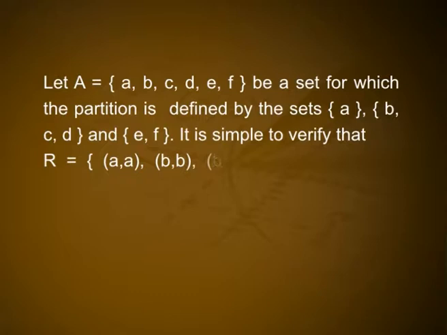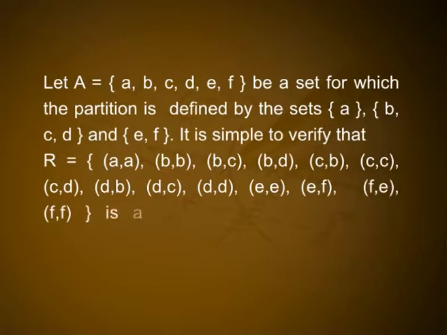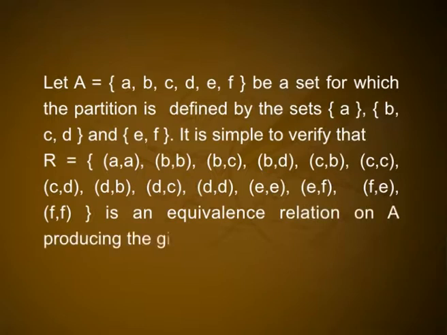It is simple to verify that R equals the set of ordered pairs (a,a), (b,b), (b,c), (b,d), (c,b), (c,c), (c,d), (d,b), (d,c), (d,d), (e,e), (e,f), (f,e), (f,f) is an equivalence relation on A producing the given partition.